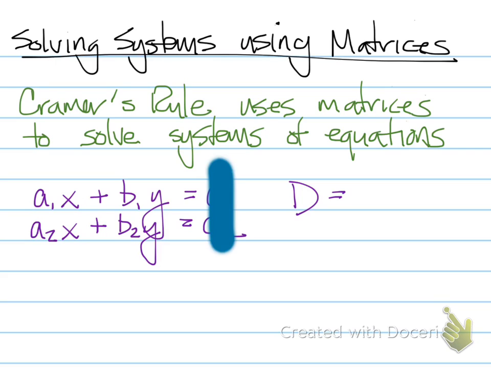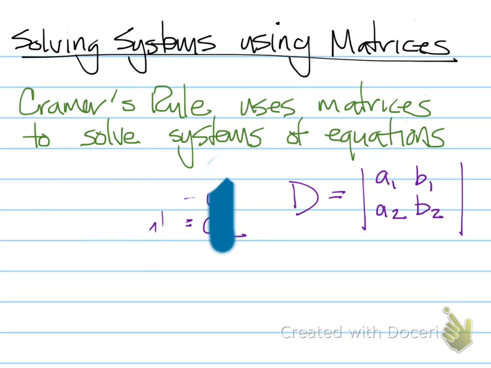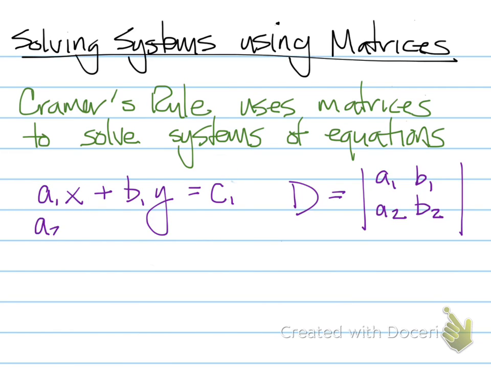We want to exclude the constants on the right side of the equation, and we will find the determinant of the remaining coefficients. So the remaining coefficients after we cross out the constants are A1, B1, A2, and B2. That will be our denominator determinant.